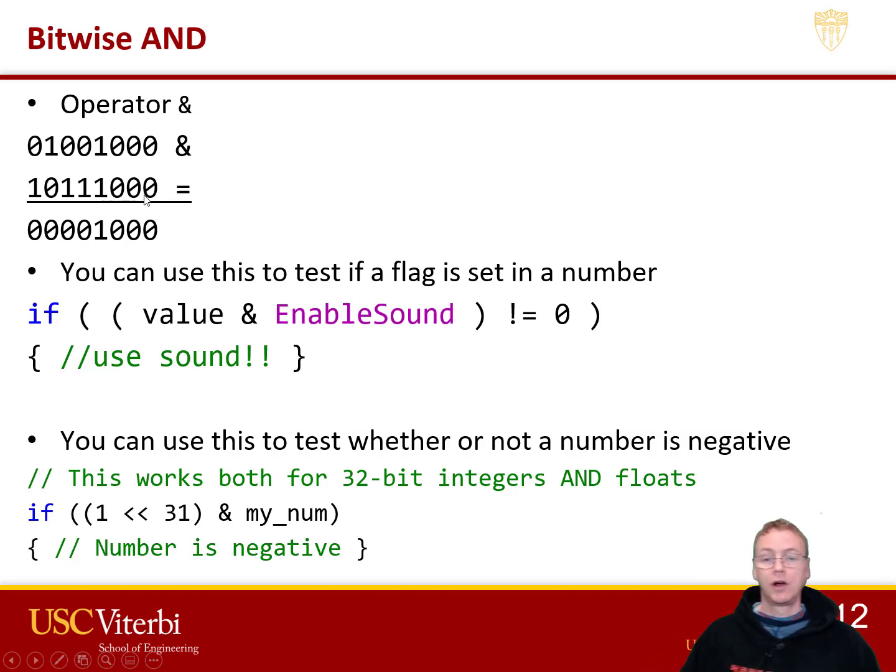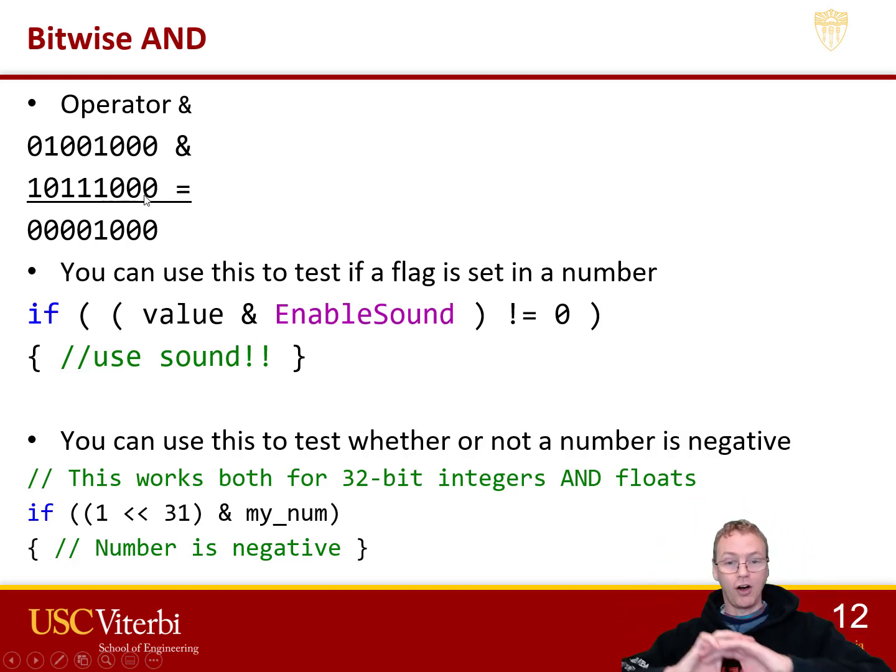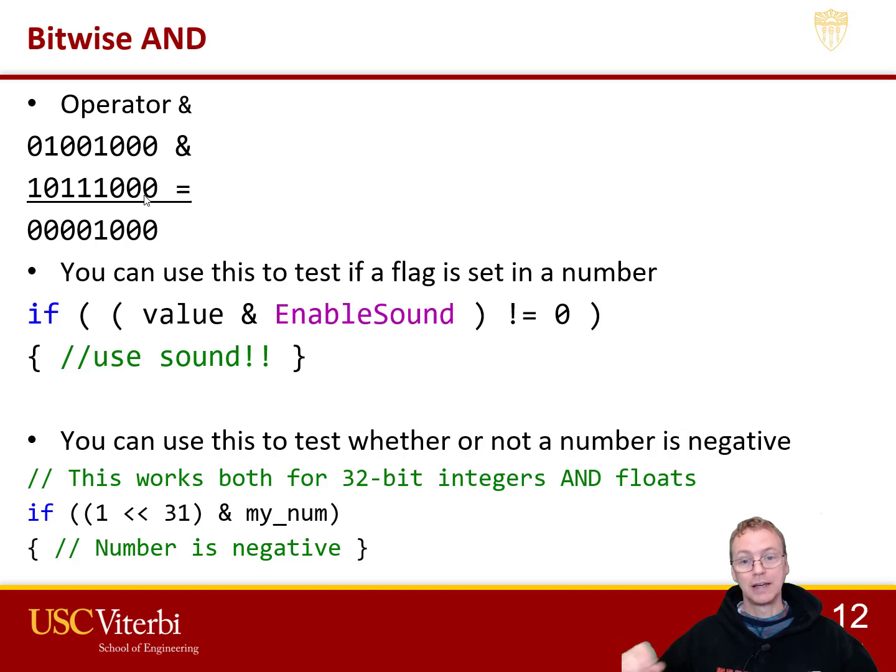And that will come out as all zeros if that flag is not set, or it will come out as the value enable sound. The value enable sound, whatever bit that is, will be the answer if that flag is set. So if that comes out as non-zero, then you know that sound is enabled.